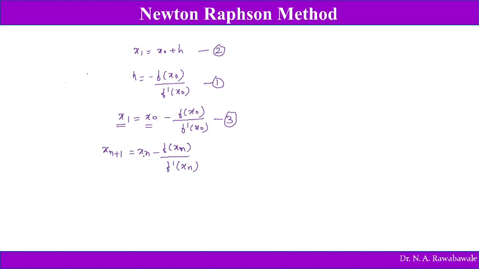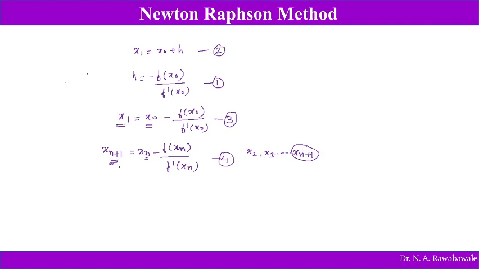So if we know the nth approximation, then the n plus 1 approximation can be obtained by knowing the derivative. Successive approximations such as x2, x3 and so on, up to xn plus 1, can be obtained by this equation number 4. So if we know any approximation, the improved approximation can be obtained by this Newton Raphson method.